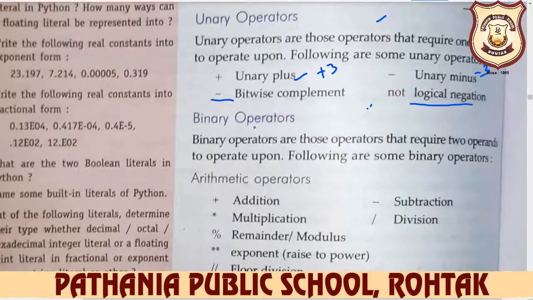And in a binary operator, always two operands are there. In a unary operator only one operand is there, but in a binary operator two operands are there to operate on.